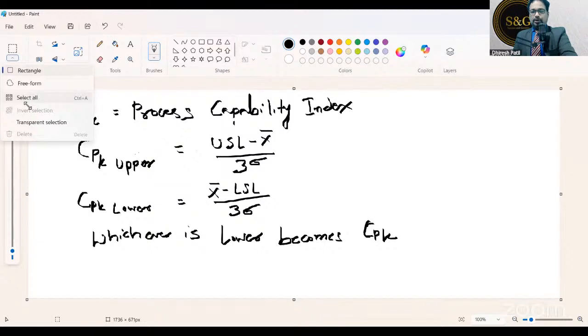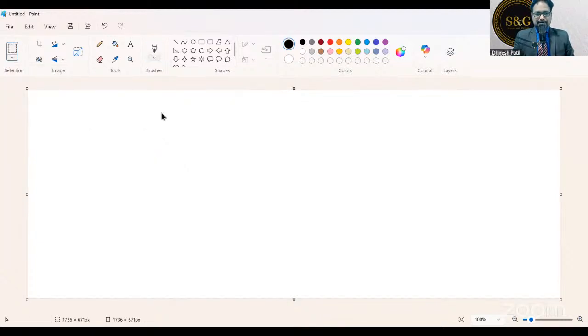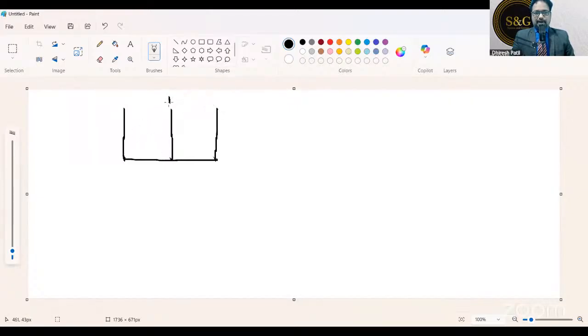Let me go back to the same example. So this time, imagine, this is my target. This is my upper and lower specification limit, 80 degrees centigrade and 60 degrees centigrade. Now my process mean has shifted to the lower side. So this is my mean.